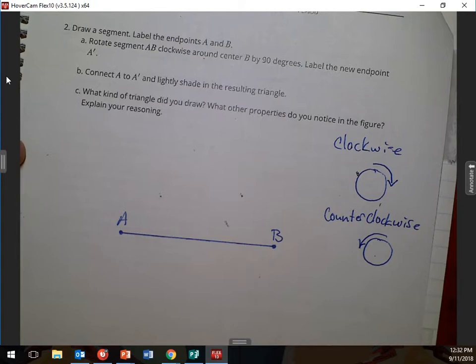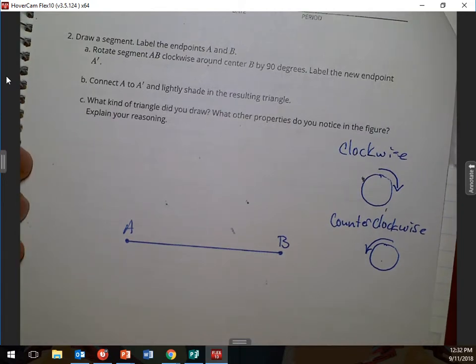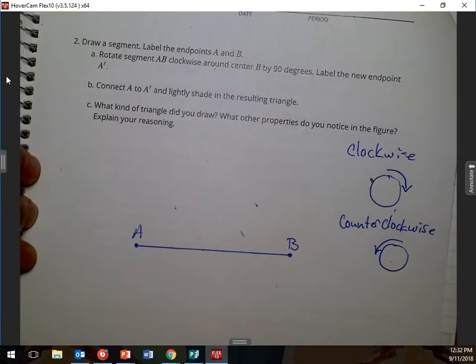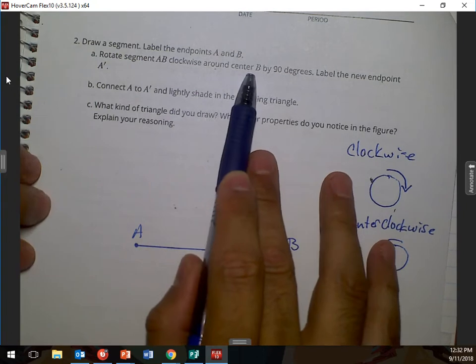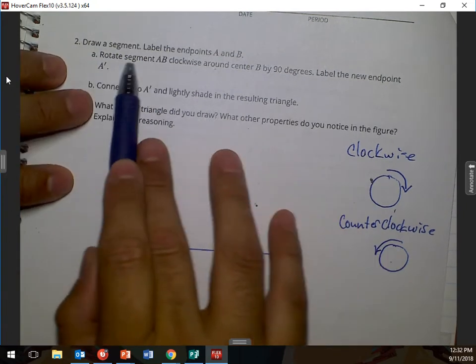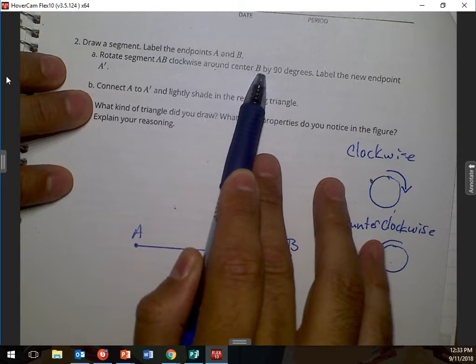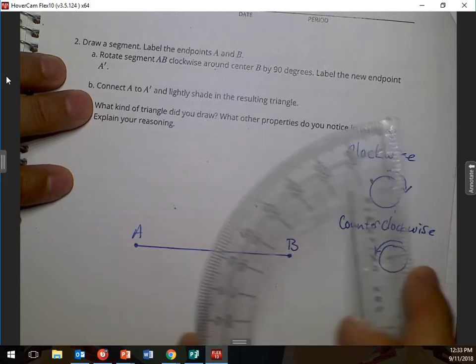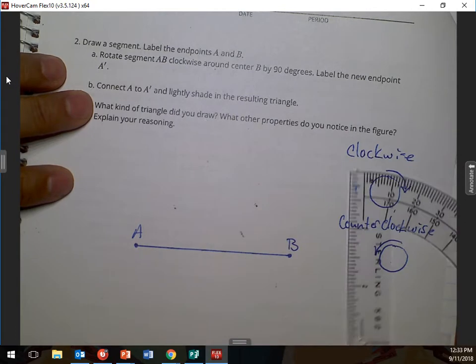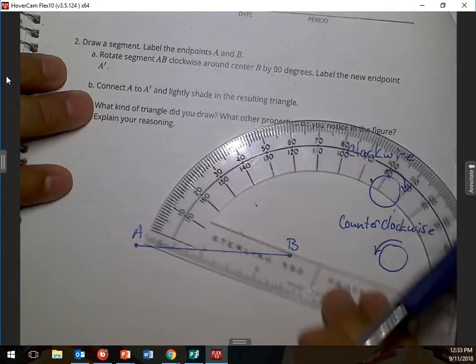All right. So we're going to rotate this by 90 degrees. Rotate segment AB clockwise centered around B, 90 degrees. So let's take a look. That means A has to go 90 degrees around B. So watch this.